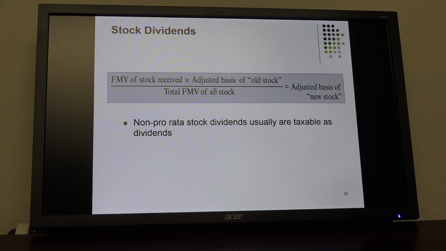Now note that before the stock dividend, her 100 shares at $3,000 equals $30 per share as the book value or the adjusted basis per share. Well, now that this shareholder has 200, you simply take the 3,000 and divide it into the 200 shares.